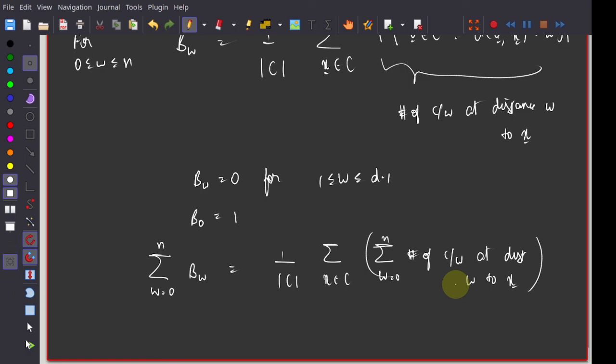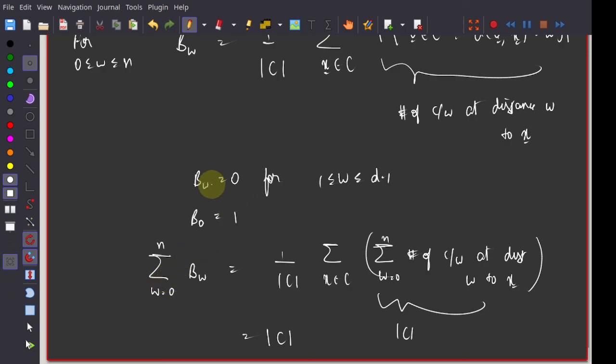So that will be equal to the size of the code book itself, right? Then this summation divided by size of C will just give you the size of C. So the size of the code book is now a linear function of the BWs.